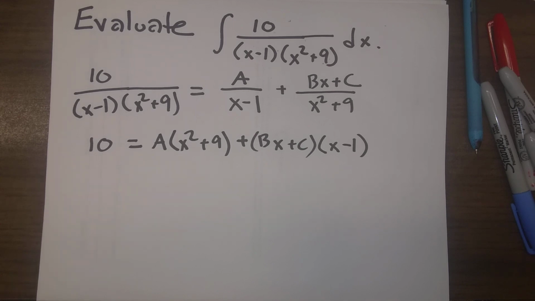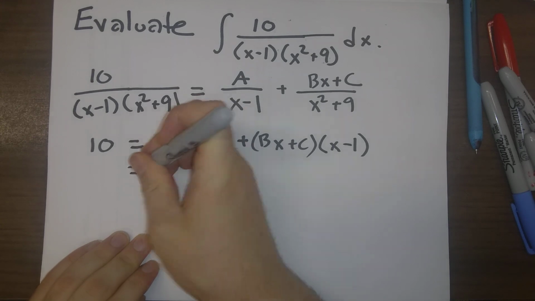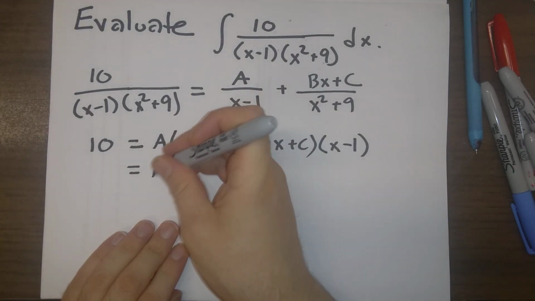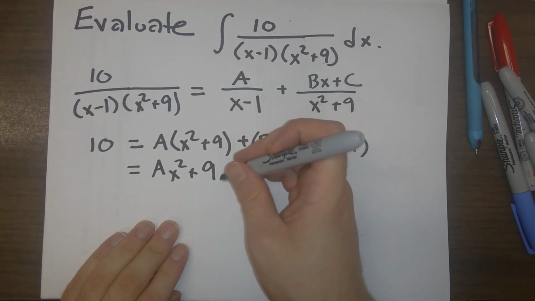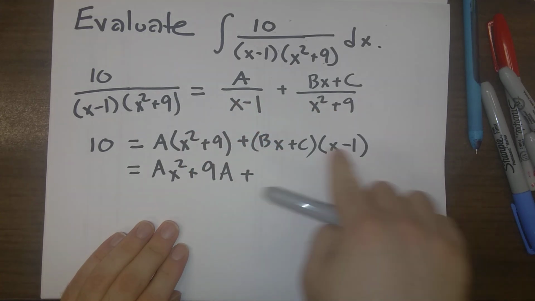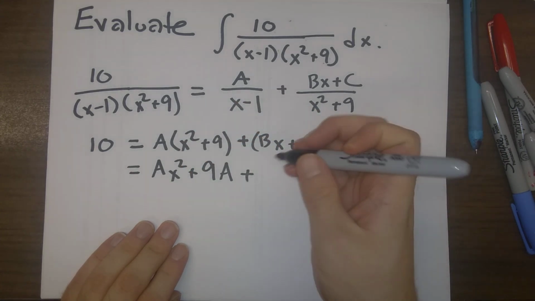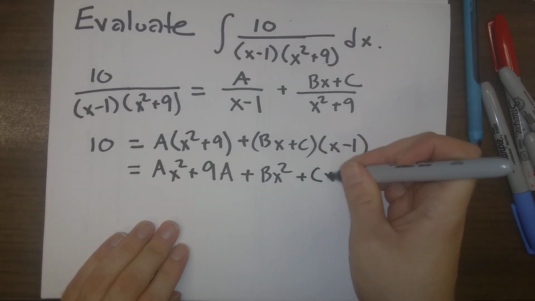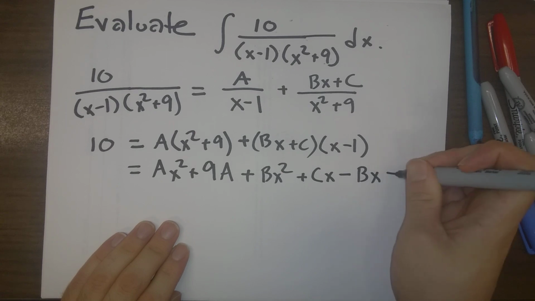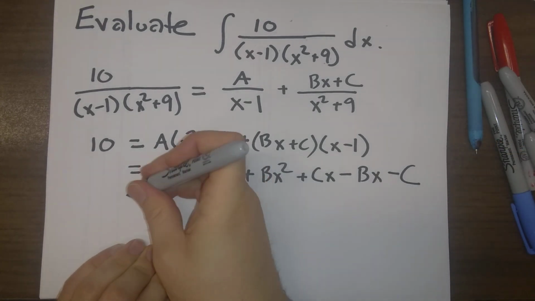I'm going to do this one by expanding out the right side and comparing coefficients of different powers of x. Expanding gives ax squared plus 9a plus bx squared plus cx minus bx minus c.